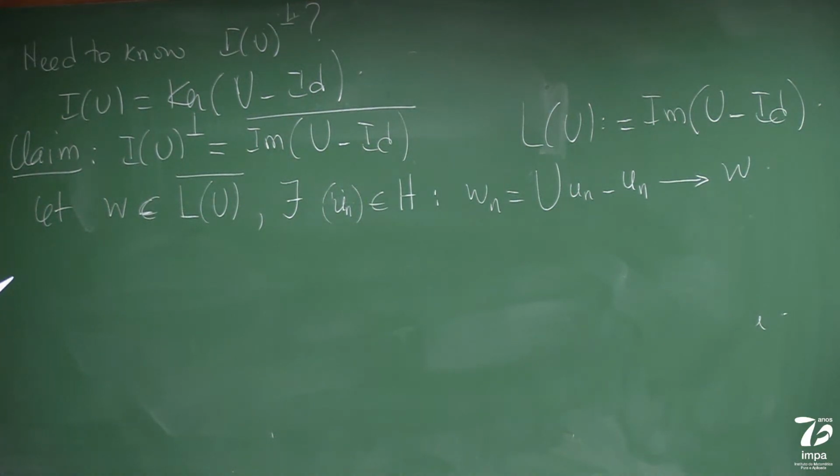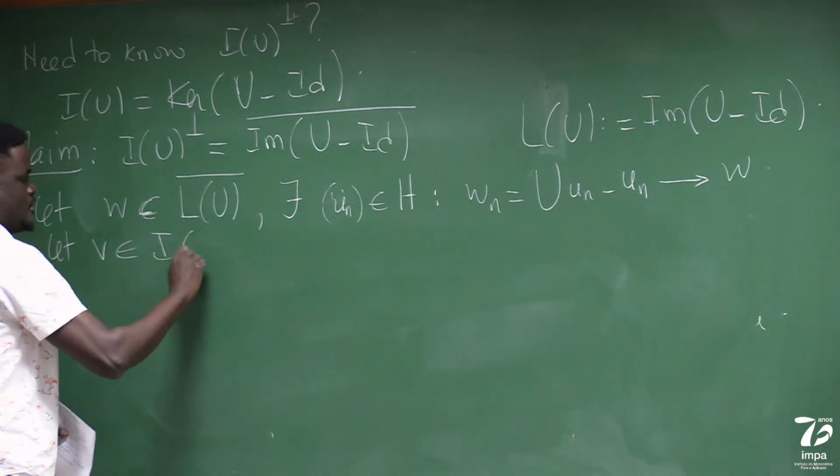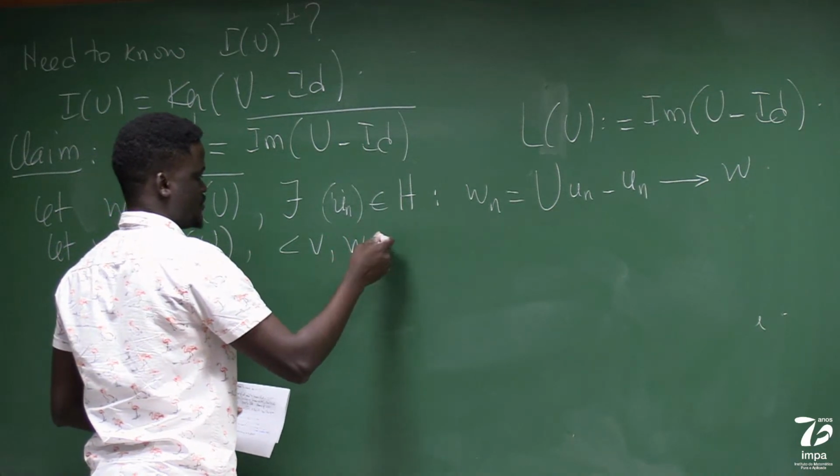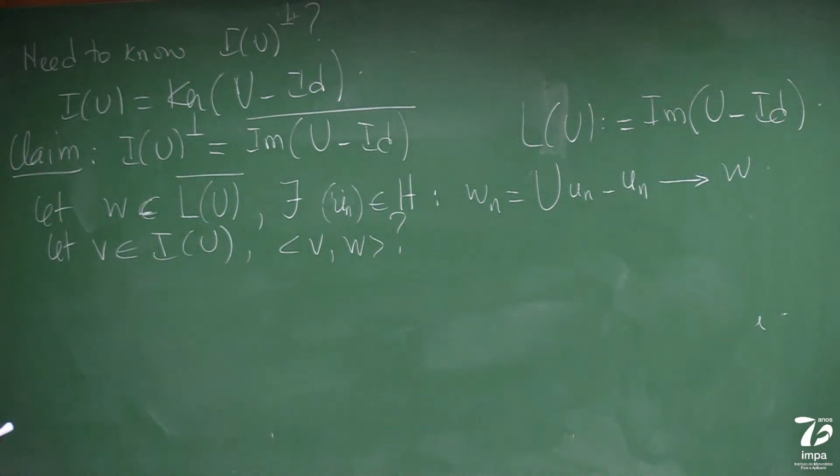So now let us see. We want to prove that this vector w is in the orthogonal of I_U. To do that, we pick v in I_U, and we want to know what is <v, w>. We want to prove that this is 0 for every v. Now let's check it for the w_n, and then we go to the limit.